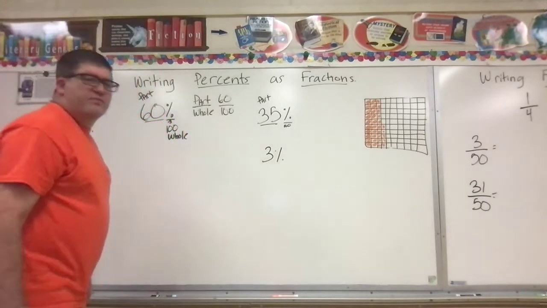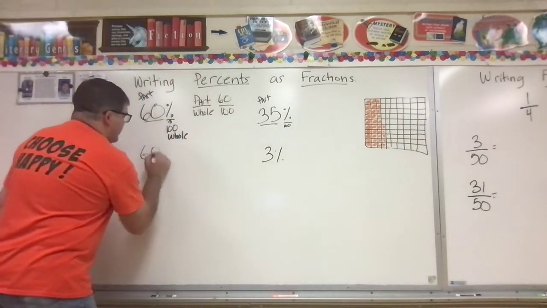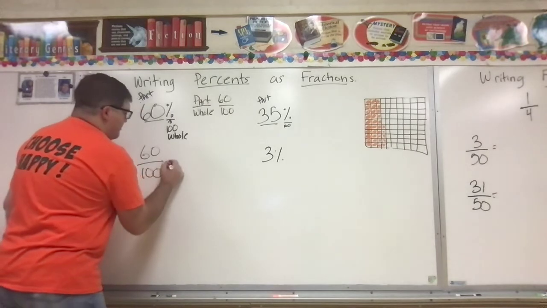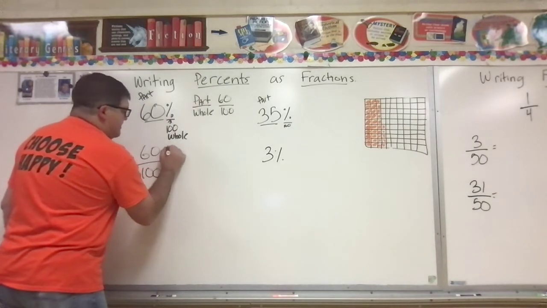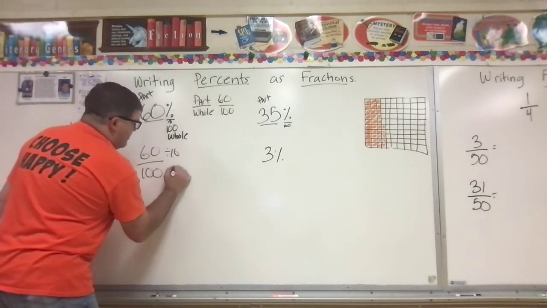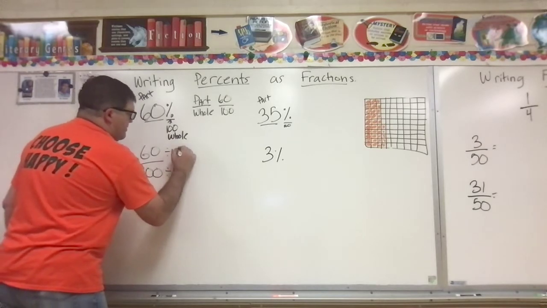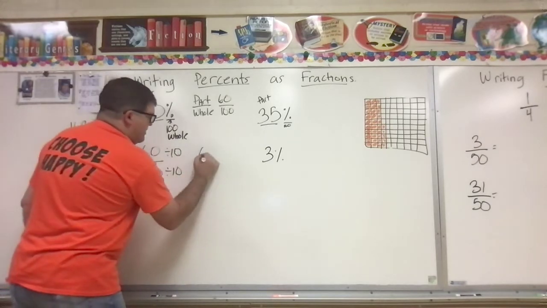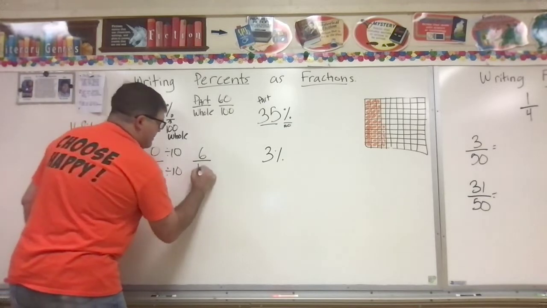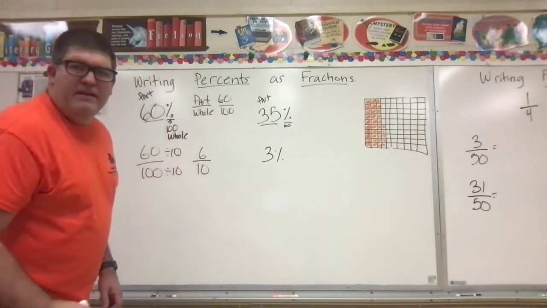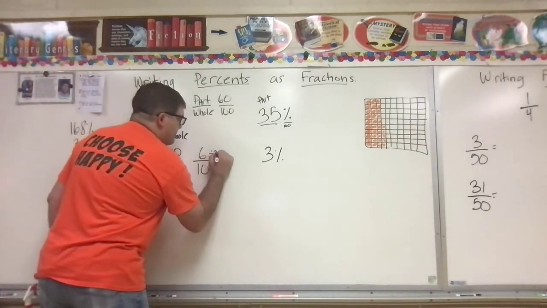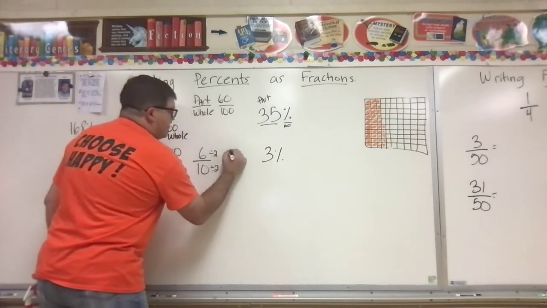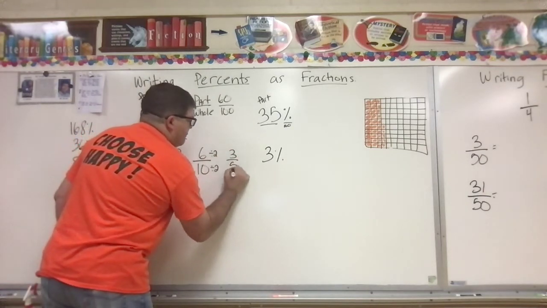Now, of course, we're not done because we got to simplify it. I can see that both can be divided by 10. So 60 divided by 10 is 6, 100 divided by 10 is 10. They're both even numbers, so I'm going to divide those by 2. And that gets me 3 over 5.